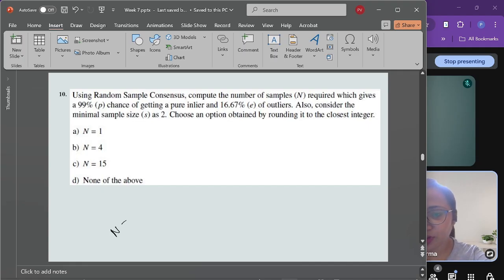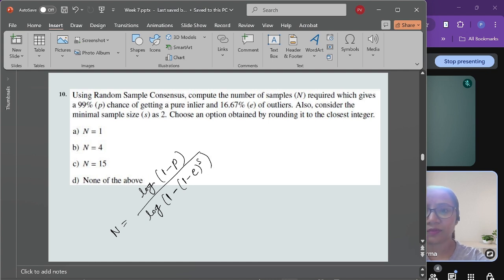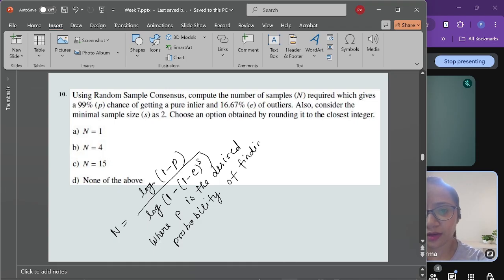So n is computed as log 1 minus p, that is the probability of getting a pure inlier, divided by log 1 minus (1 minus E) to the power S. Where p is the desired probability of finding a pure inlier, that is given.